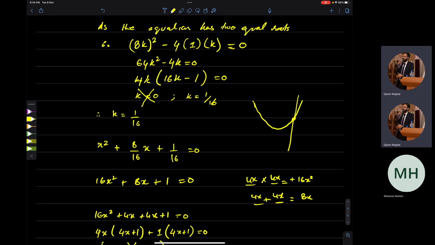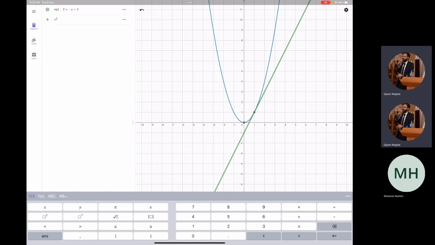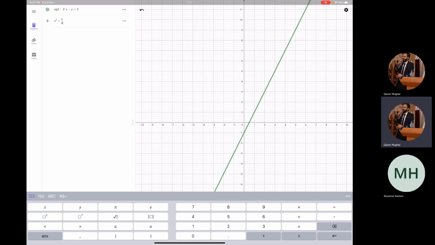So 4 over 16 is going to be 1 by 4y. So x squared plus y over 4 plus, and no, not 1, it's 5k, so that's going to be 5 over 4, equals 0.